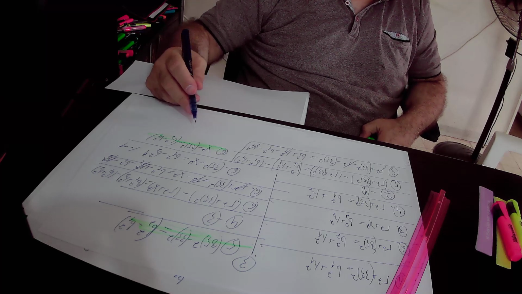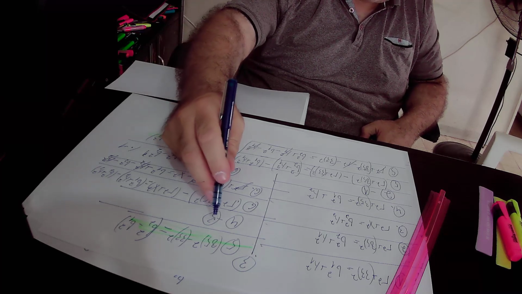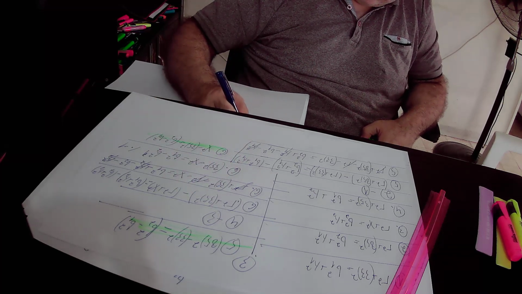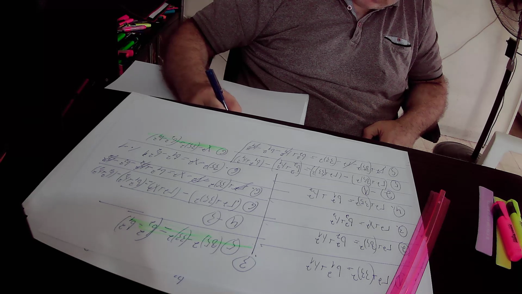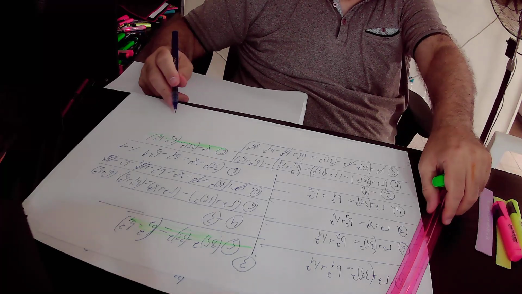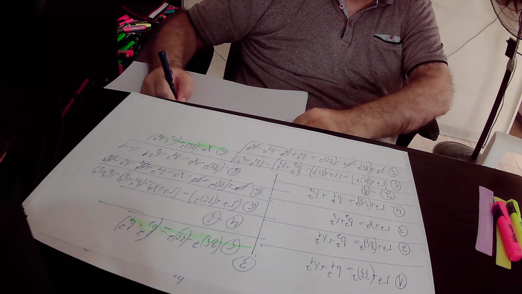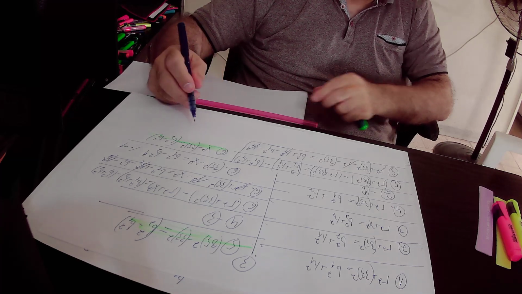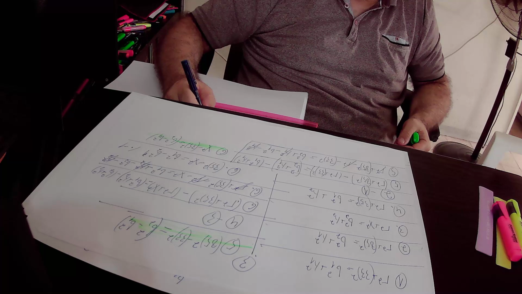So b2 squared minus b1 squared according to equation number 5 is 85 squared minus 33 squared, and it must be equal to b2 squared minus b1 squared according to equation number 6, that is actually x squared minus 35 squared.